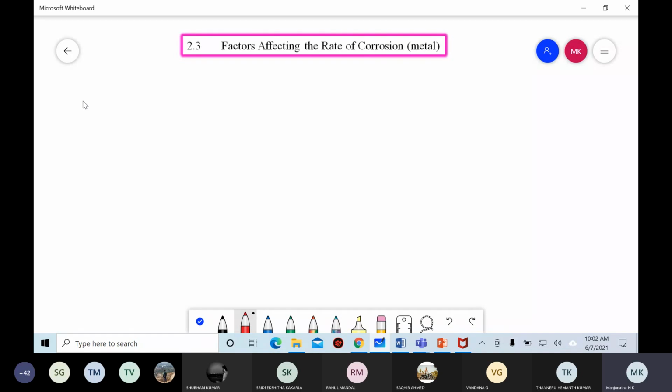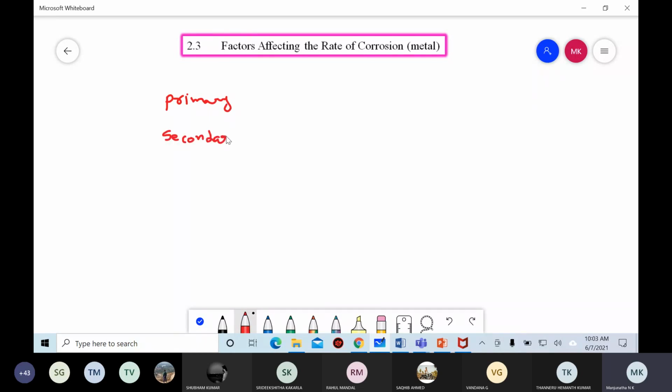Like that, any metal exposed to a corrosive environment sometimes undergoes corrosion very fast and sometimes very slowly because of some factors. Therefore, there are two types of factors affecting the rate of corrosion. The first is primary factors, and the second is secondary factors.